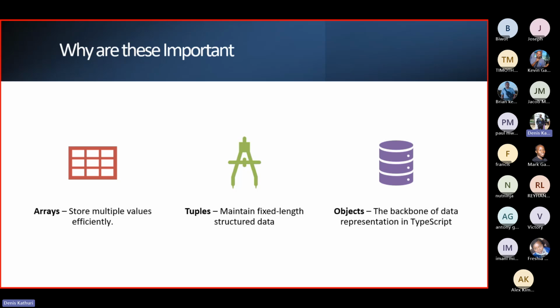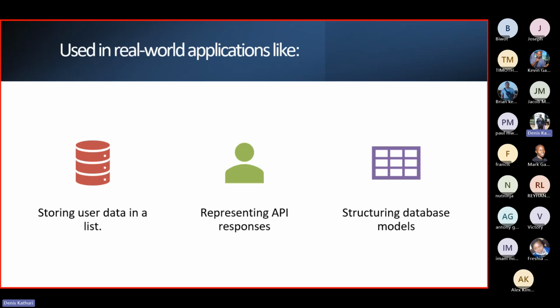And finally, objects are the backbone of a TypeScript application. They store data as key value pairs, mimicking real-world entities like users, products, or API responses. These structures are widely used across different applications.